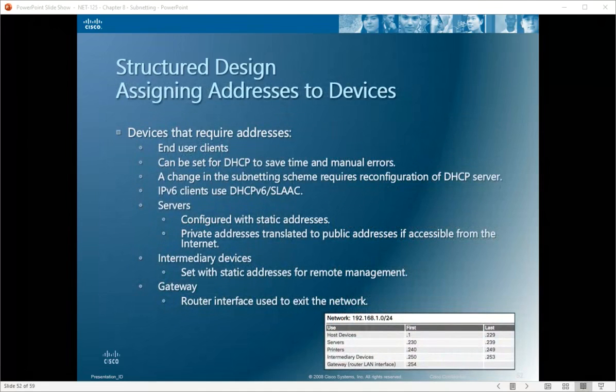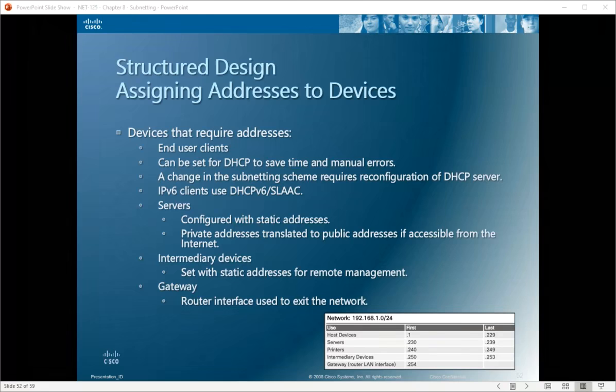Now, of course, we have to look at what requires an address. The end devices, the end user clients, are going to be ones that we need to think about a lot because that's the majority of our population on the network. In order to save time and errors, we can use things like DHCP, but DHCP also has some issues of its own, meaning that it's difficult for security to properly exclude certain devices through blacklisting.